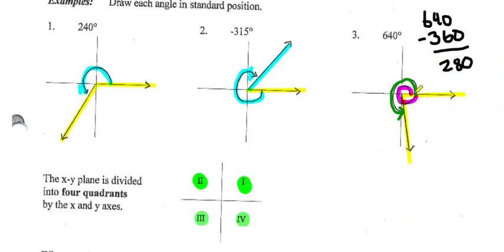So don't just go from here to there, because that'll tell me that that's just 280 degrees as opposed to 640. Okay, it's really important. And you can have positive and negative angles that use the spiral.